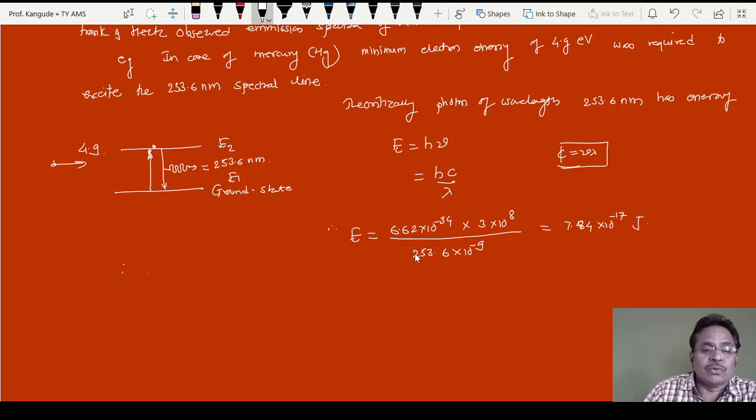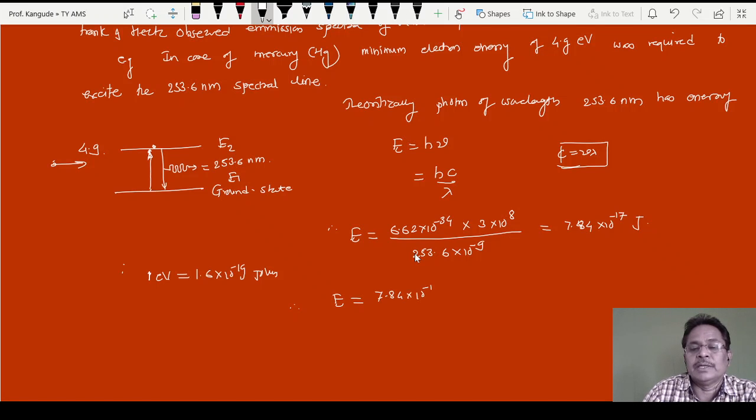And we know 1 electron volt is equal to 1.6 into 10 raised to minus 19 joules. So if I divide E, which is 7.84 into 10 raised to minus 17 joules, by 1.6 into 10 raised to minus 19, we exactly get 4.9 electron volts.